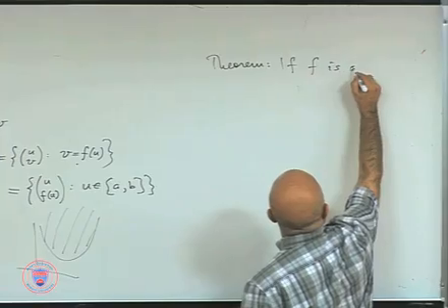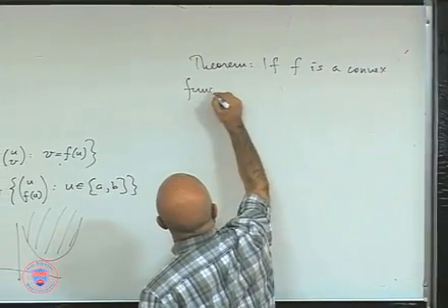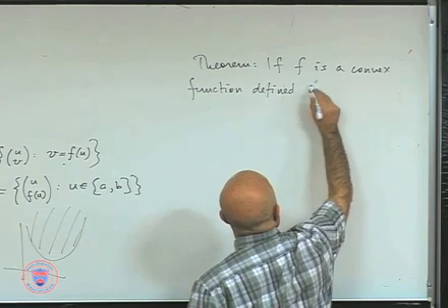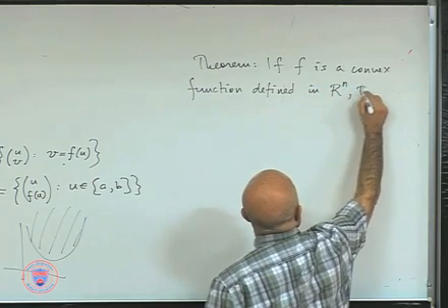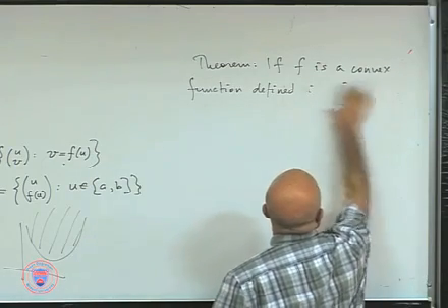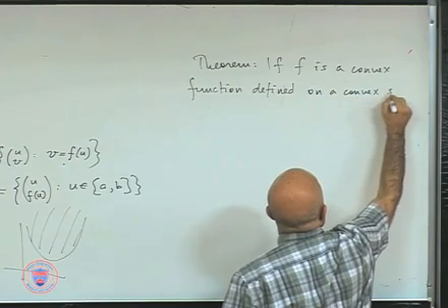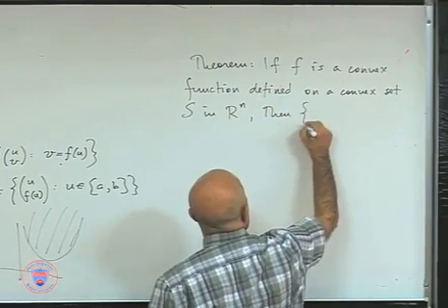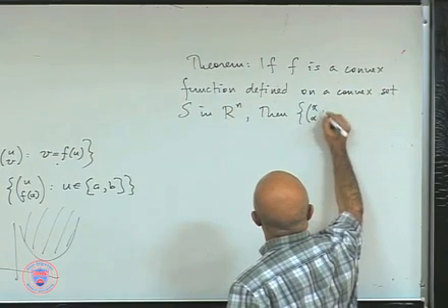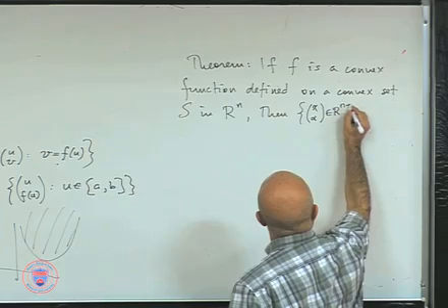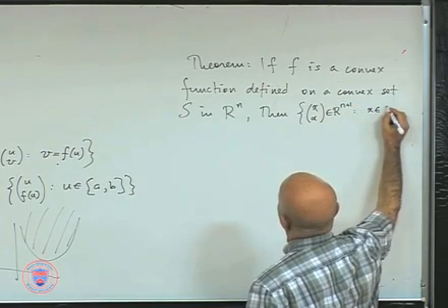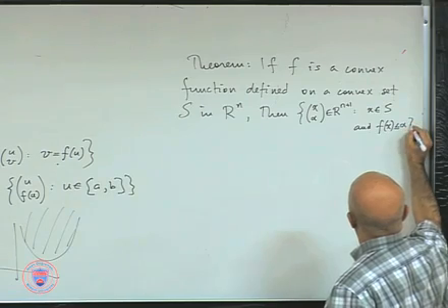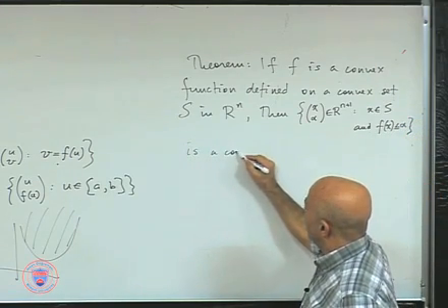If F is a convex function defined on a convex set in Rn, then the set of points x alpha in Rn plus 1, where x is restricted to the domain and the condition f of x being less than or equal to alpha is fulfilled, is a convex set.